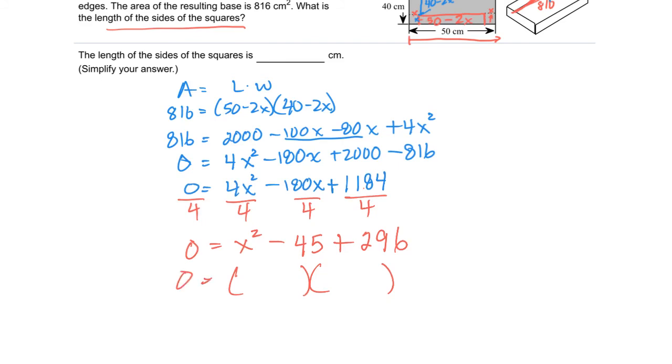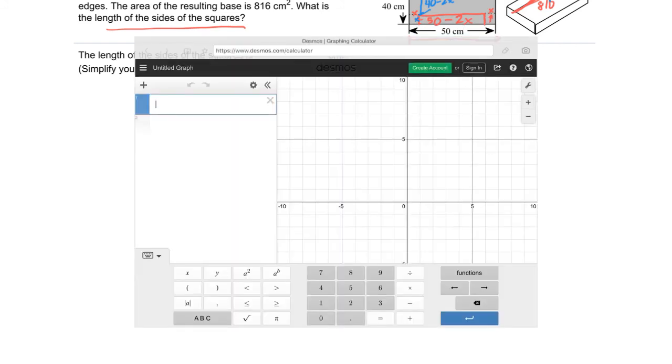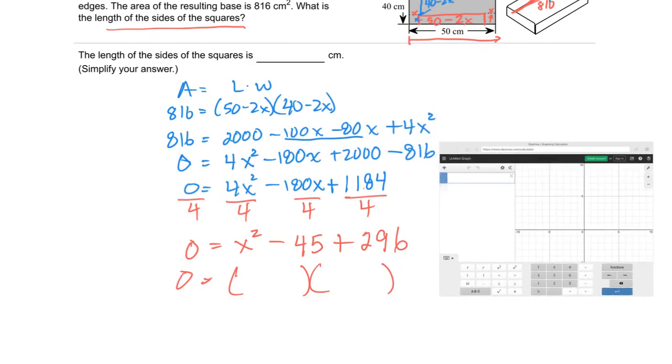I'm in trouble. Let's pull out decimals. Okay, decimals. Here we are. So what I'm going to do is I'm just going to type that out.